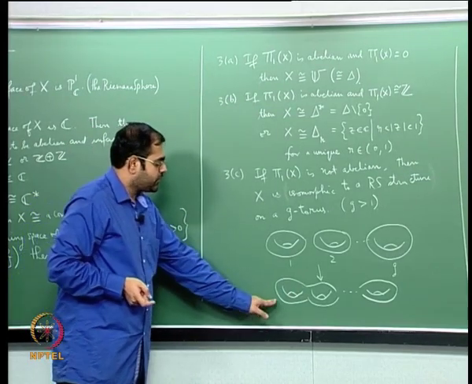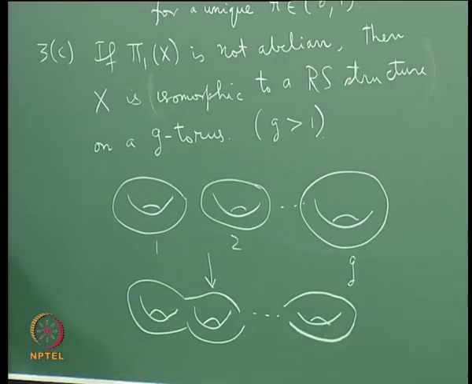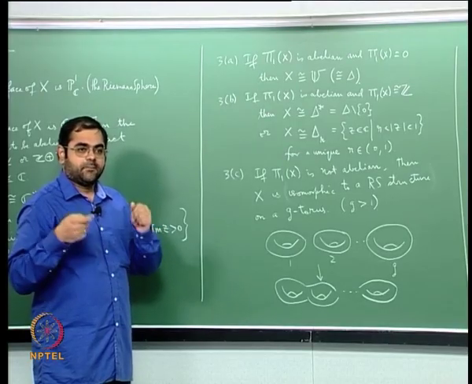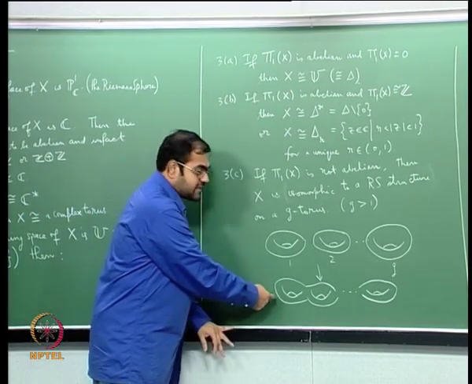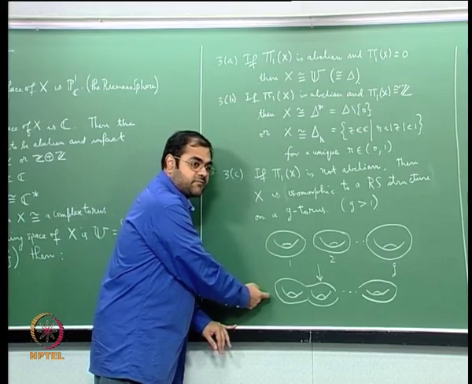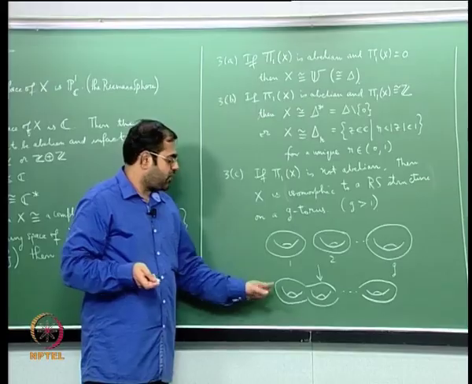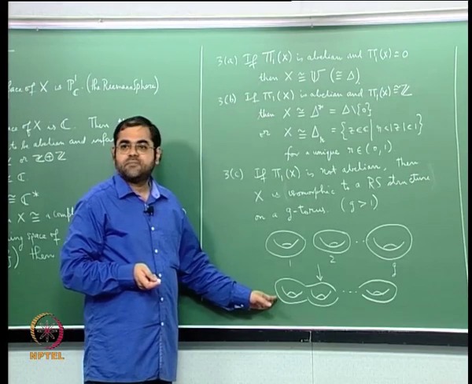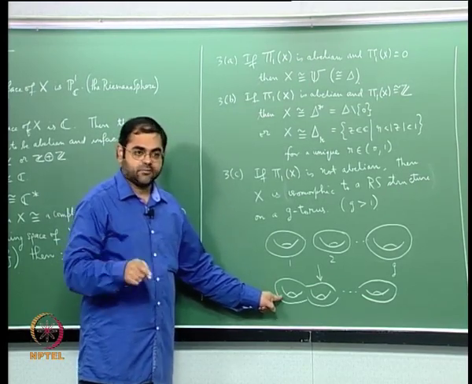Trying to count how many independent complex parameters you need to classify all the different Riemann surface structures on this is part of the moduli problem for various Riemann surface structures that you can put on a certain g-torus, a real g-torus.